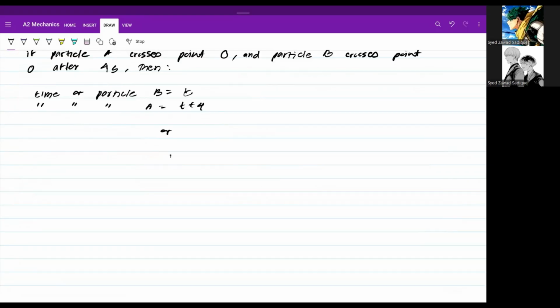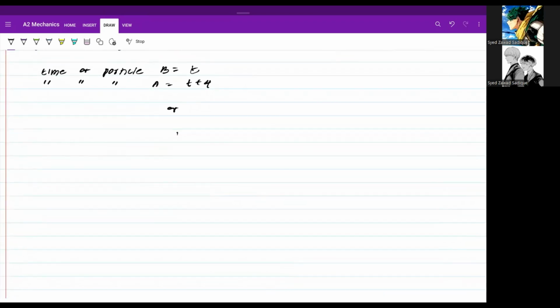Or if you want to assume that time of particle A equals T, then time of particle B has to be T minus 4, because you're trying to assume that they are moving and trying to catch up to each other. Okay, all right. So that's the whole thing.